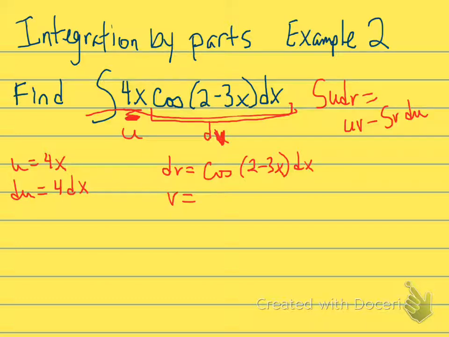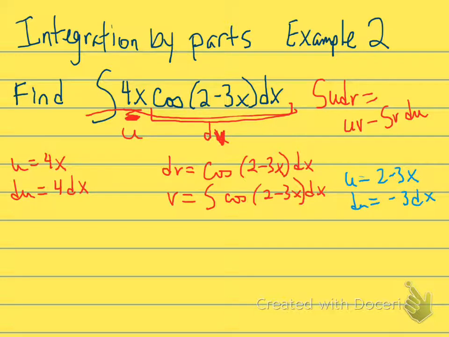And to integrate this, we're going to need to use substitution, and I'll do that over on the side. So to integrate this, we'll let u equal 2 minus 3x, and du will equal negative 3 dx.